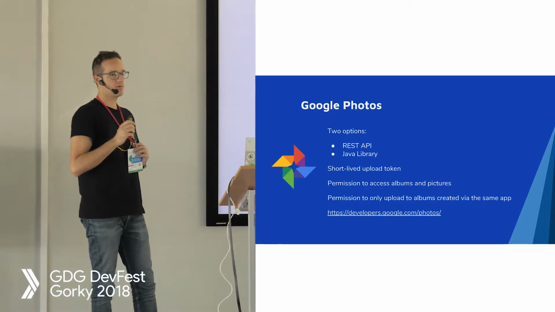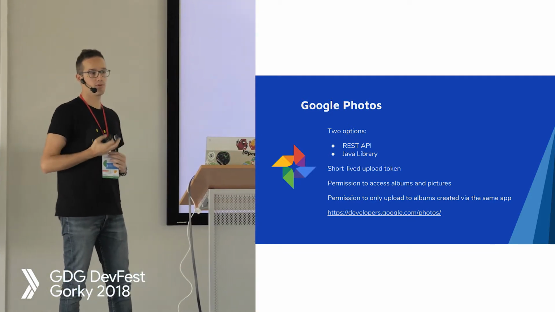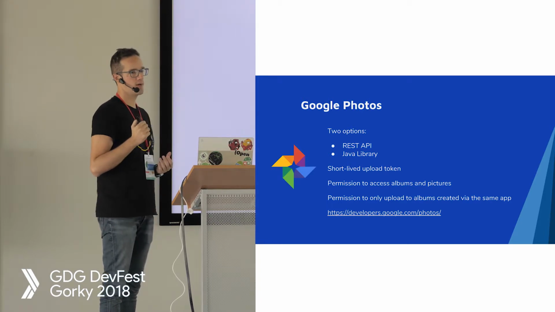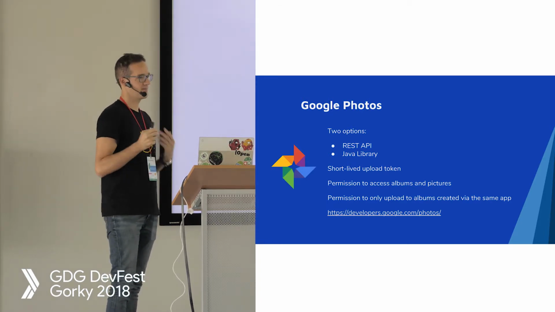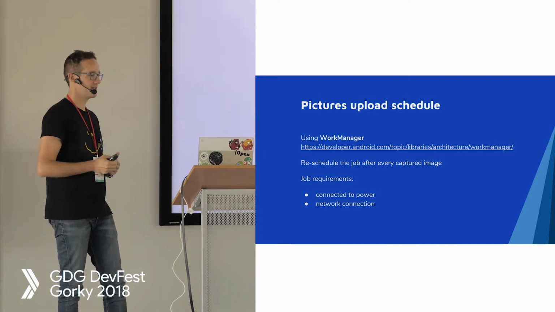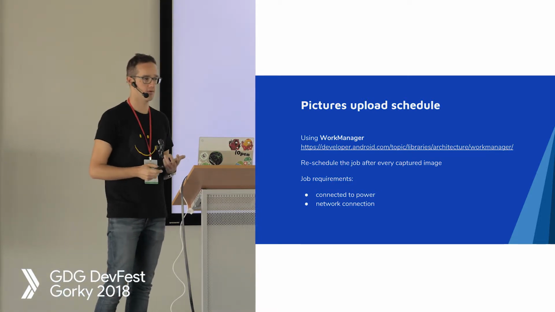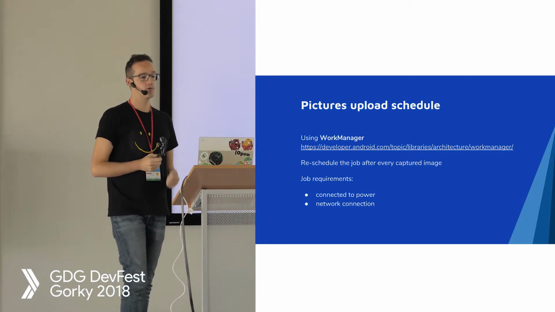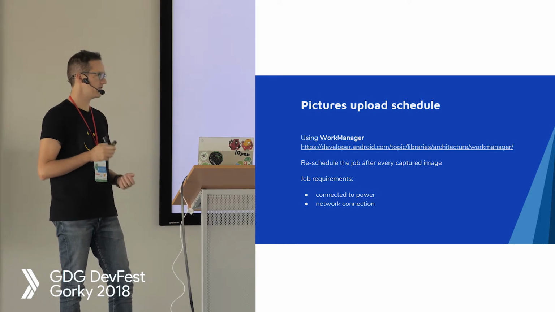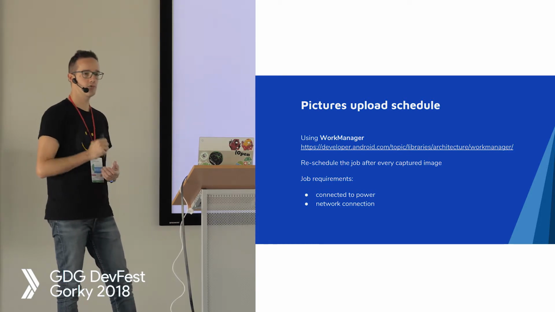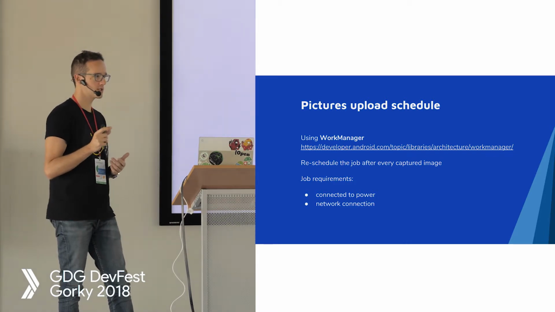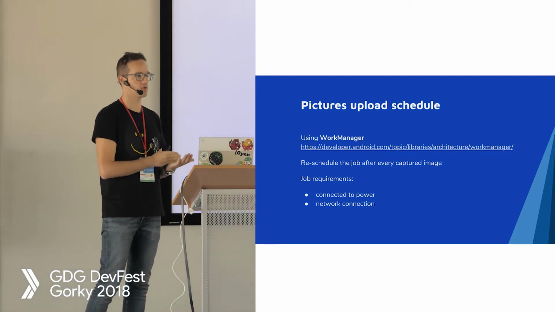So when to do this upload? Of course, to upload pictures, we needed a network connection. But given that we were in a very nice location, but in the middle of nowhere, we weren't sure that we had any access to Wi-Fi or a reliable connection. So we used WorkManager, which is a new library released this summer, if I remember correctly, from Google, which allows you to create and schedule jobs with a specific set of constraints.